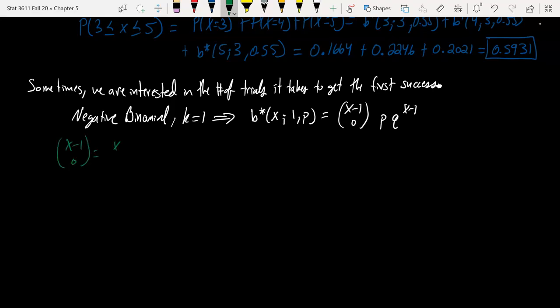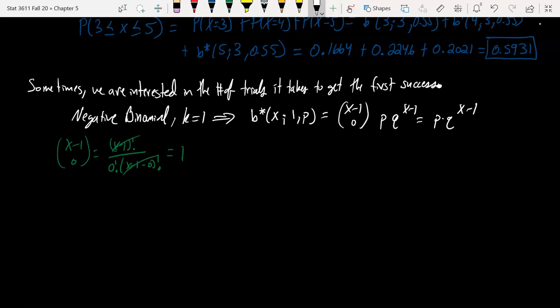Well, that's just x minus 1 factorial over 0 factorial over x minus 1 minus 0 factorial. Since we have x minus 1 factorial over x minus 1 factorial, everything cancels out, and that's just equal to 1. So this really just becomes 1 times p times q to the x minus 1.